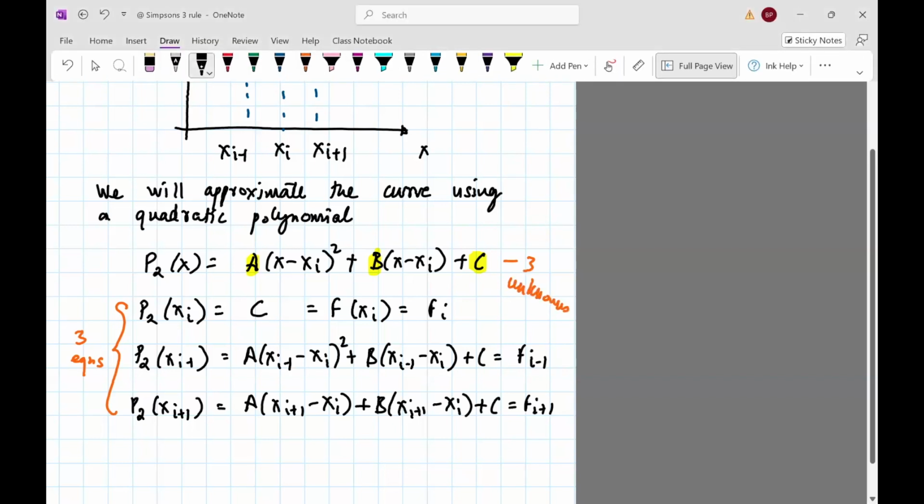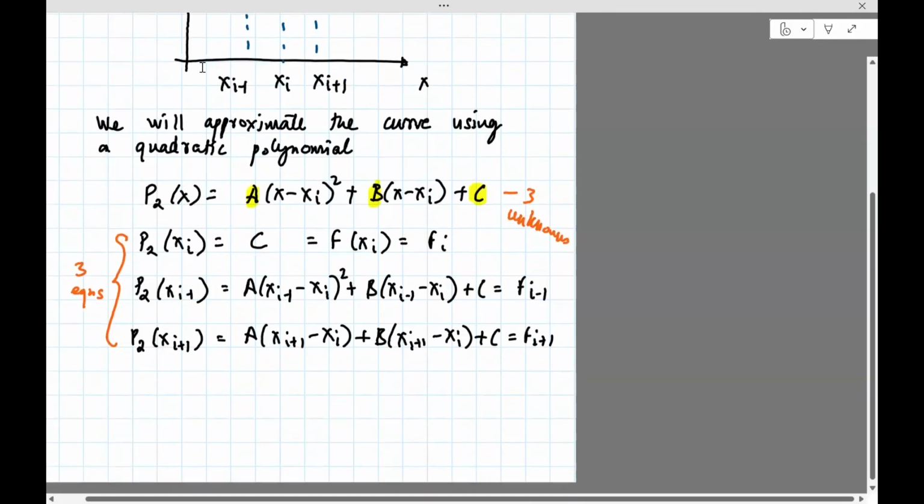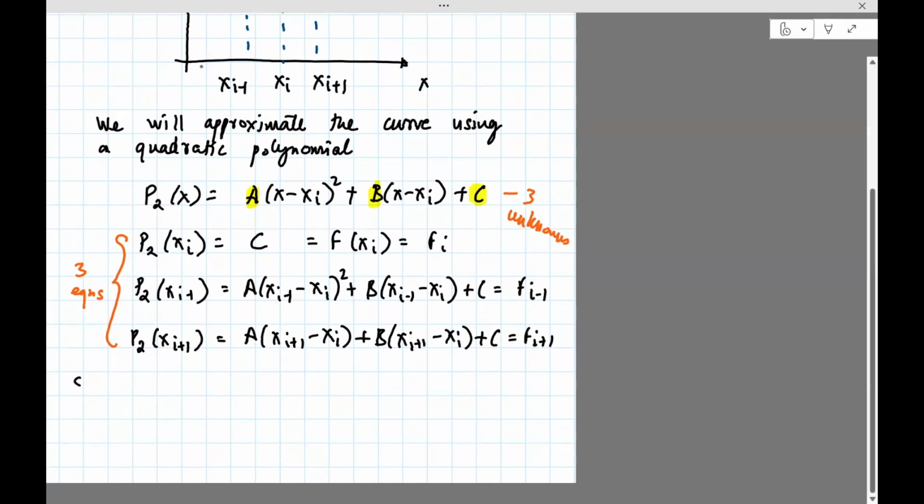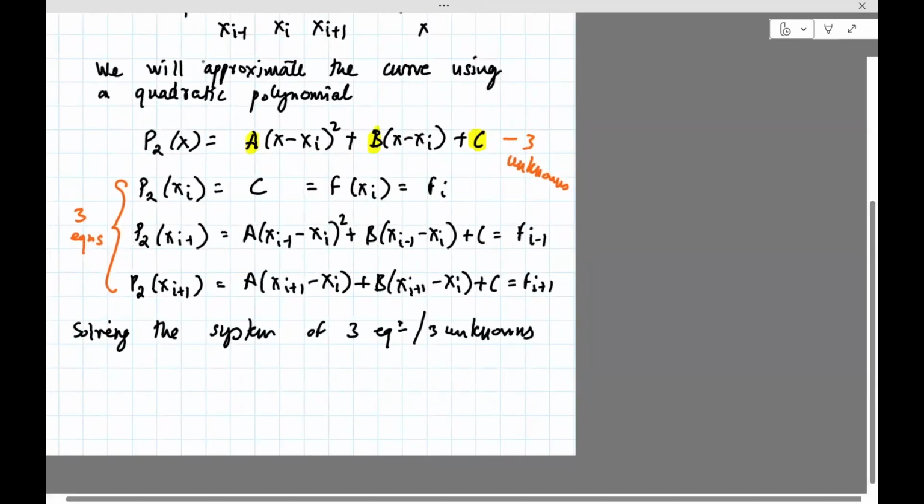So it turns out that the constants a, b, c, solving the system of 3 equations, 3 unknowns, are given as follows. Here we have a equals f of i plus 1 minus 2 f of i plus f of i minus 1, divided by 2 delta x squared.